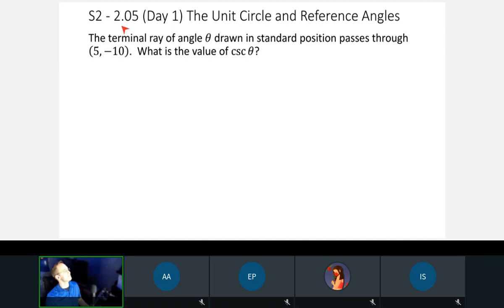Next problem. Terminal ray of angle theta drawn in standard position passes through 5, -10. What is the value of cosecant theta? Draw a picture, everyone. Draw a picture. Let's do 1 minute to draw your picture, and that way we can confirm that everyone's picture is good. 1 minute.